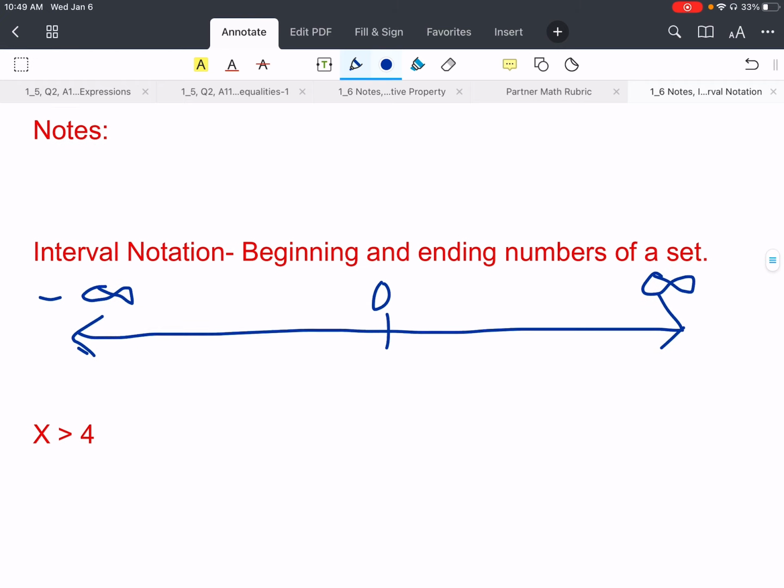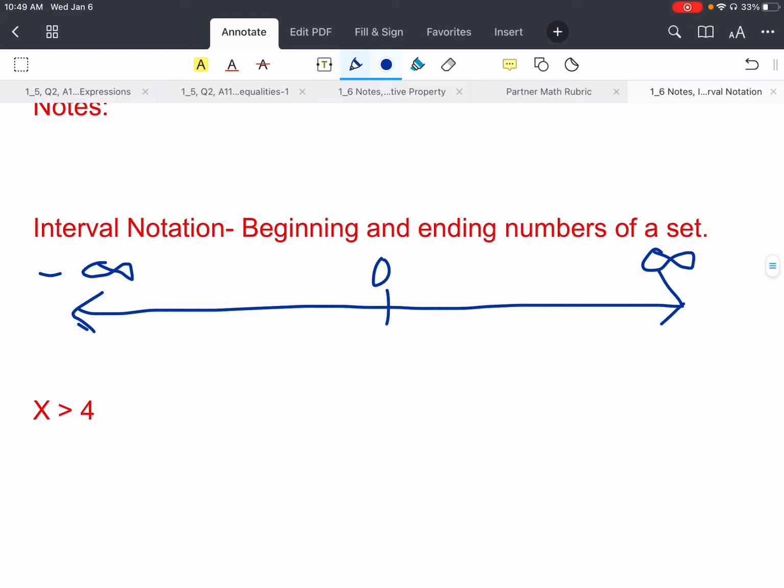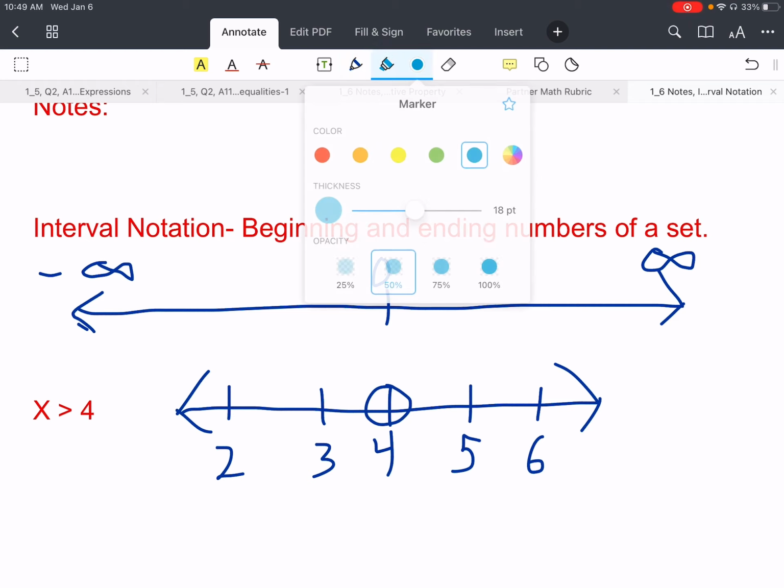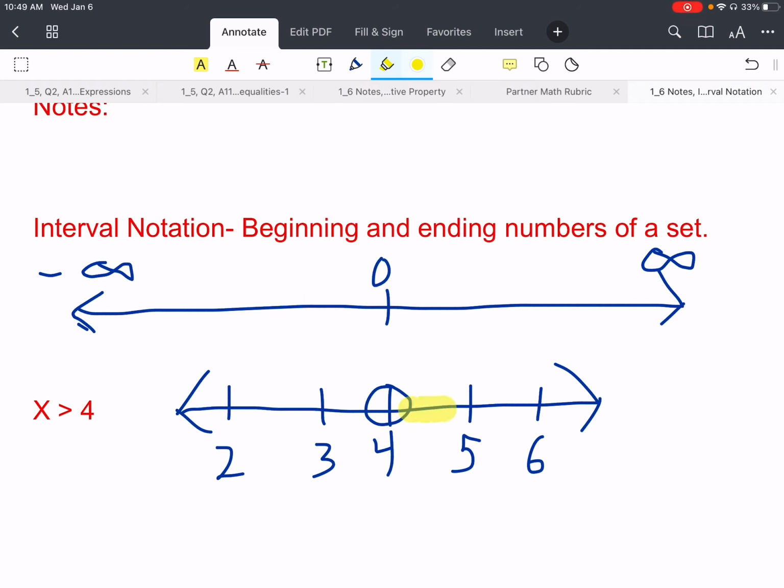So if we have a final answer of x is greater than 4, and we started with our number line, so we've solved the inequality, starting with our number line. X is greater than 4, so that's an empty circle, and we are going to highlight to the right.